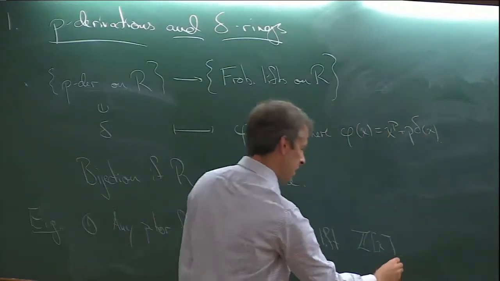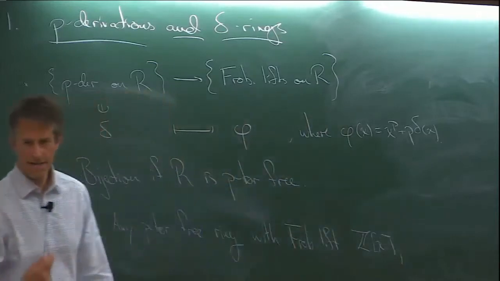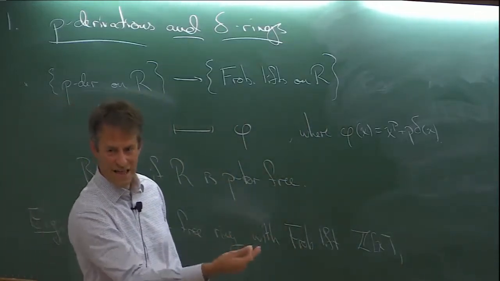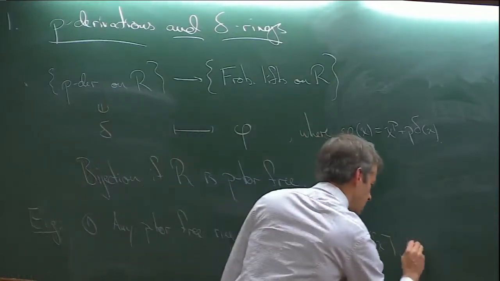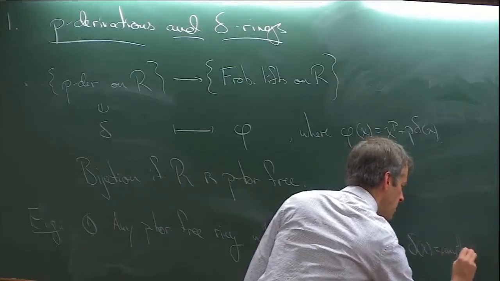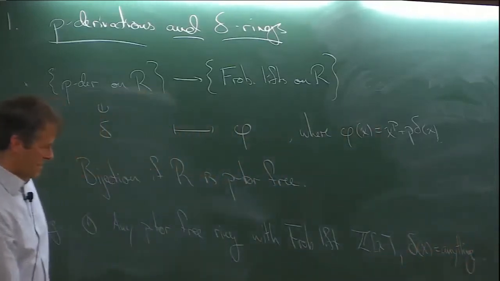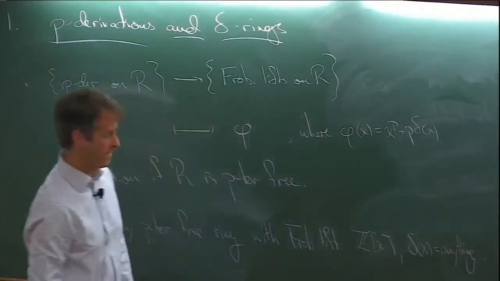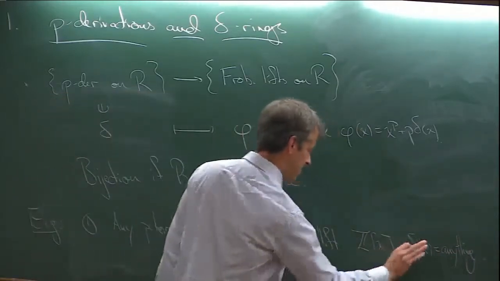And you'll remember phi of x sent x to x to the p plus p times anything. That p times anything, that anything was exactly the delta. So in fact, delta of x can be anything. Where here x is not a variable, it's that specific generator.